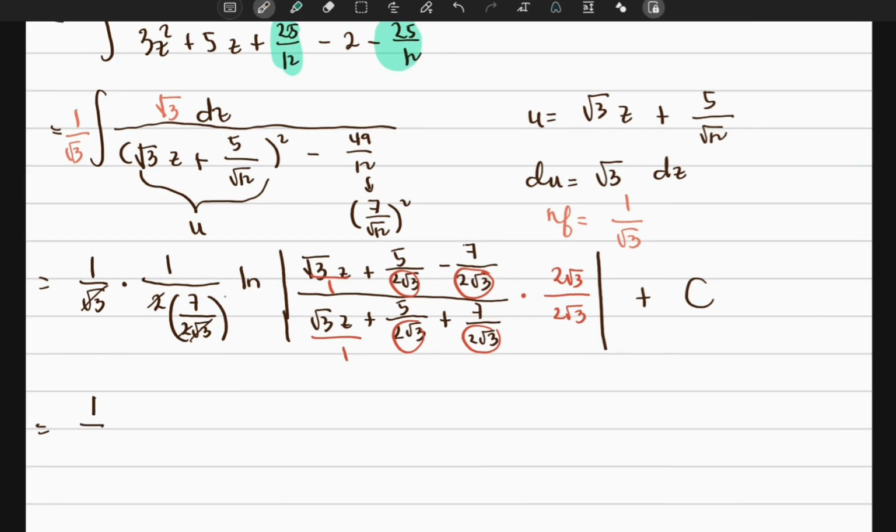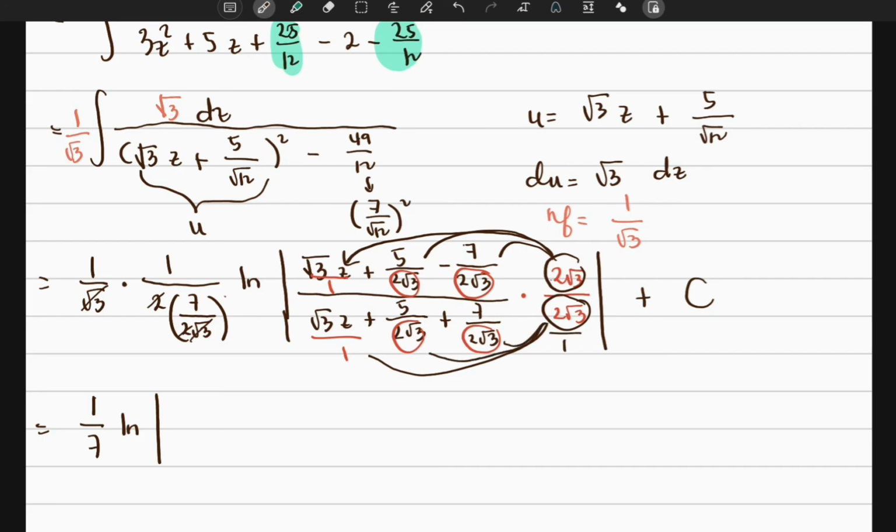Ngayon, ang matitira na lang, 1 over 7 ln of the absolute value of... Ito guys, i-multiply natin sa lahat ng terms, ha? Pati dito. Tapos yung sa baba, sa lahat din ng terms. So, ito ay over 1, pati yung taas over 1 din. So, bali, magiging 2. So, this will become 2 times square root of 3 times square root of 3, 6z. Tapos, sa baba, 6z plus 5 plus 7.